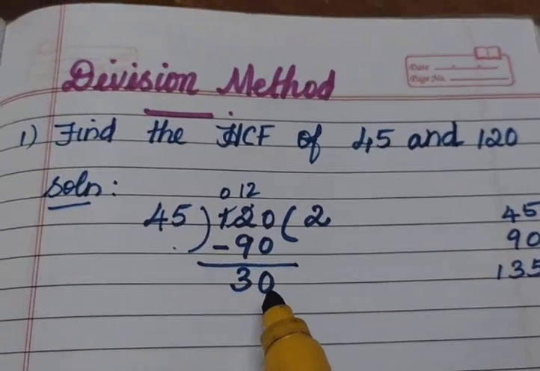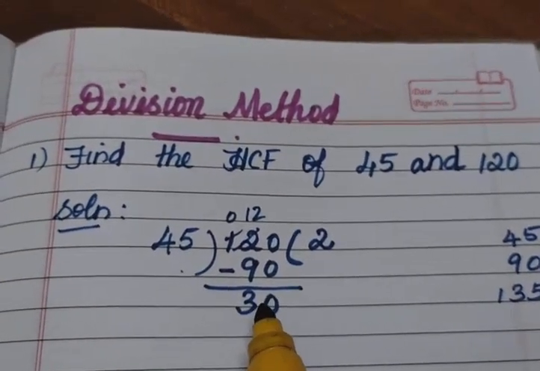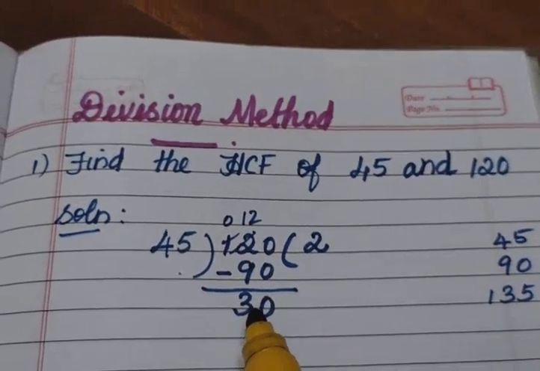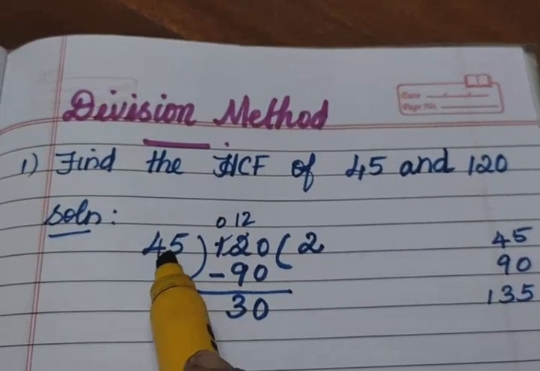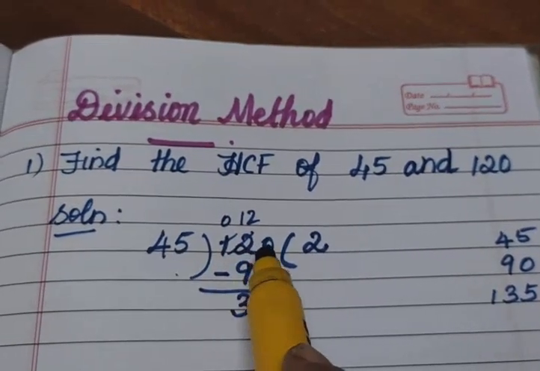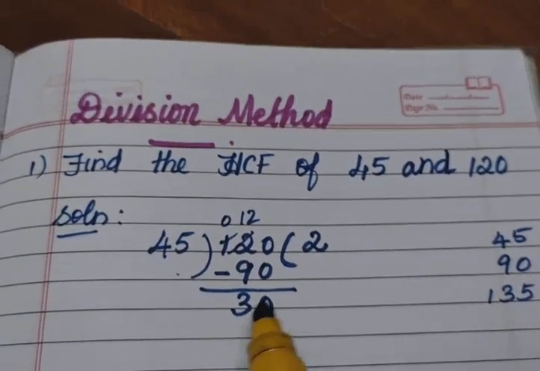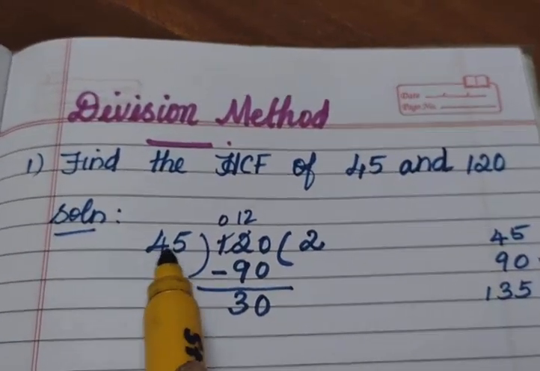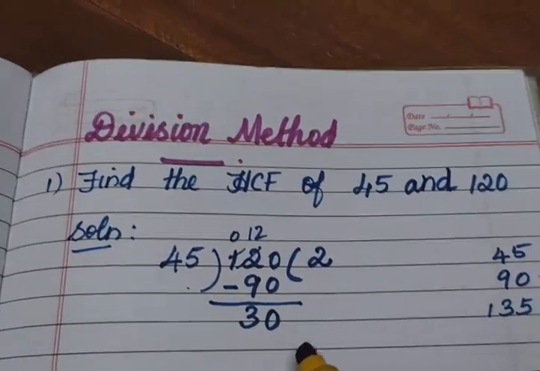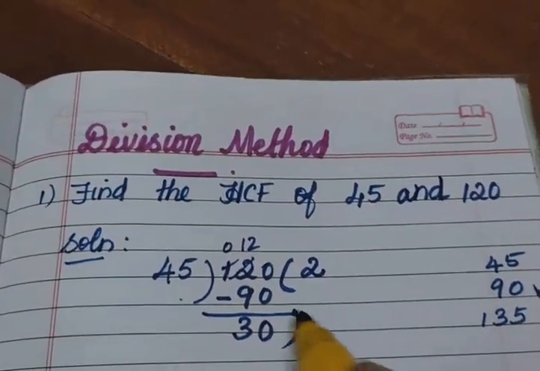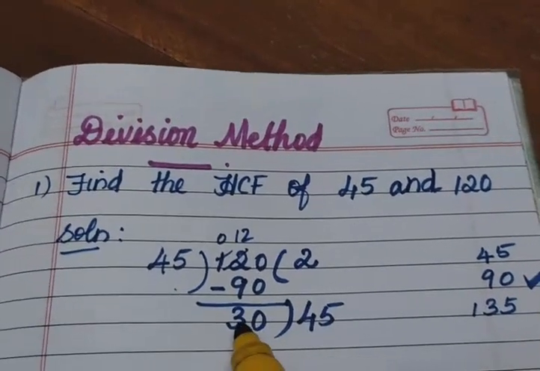Now we got the remainder 30. Here 45 is the divisor and 120 is the dividend, isn't it? Now the remainder is 30, and 45 is the divisor. Now what we have to do is divide this divisor 45 by this remainder.